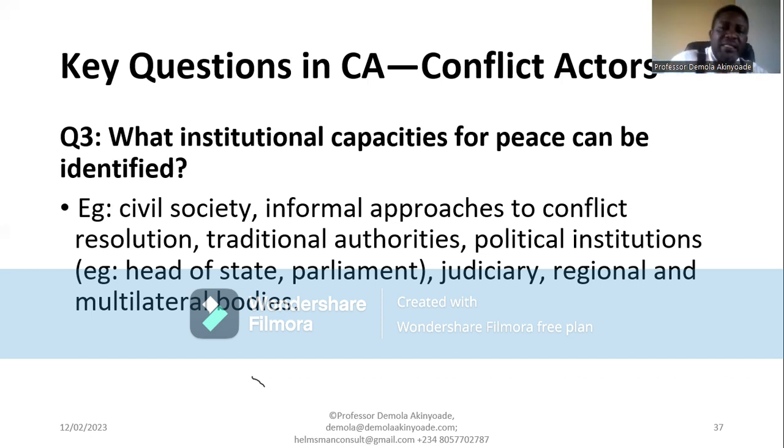So what we are saying is that as a conflict manager, whatever conflict you are looking at, you should be sensitive to what we refer to as local capacities for peace. These things could be a social event or a cultural event that combine these conflict actors.